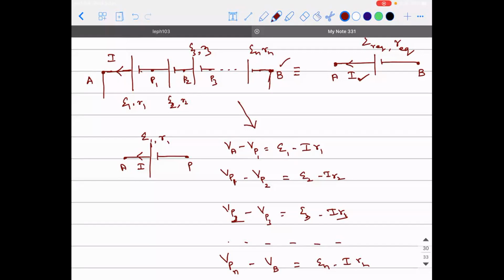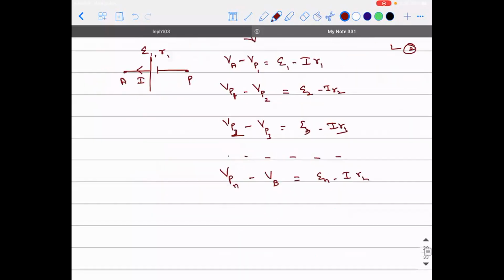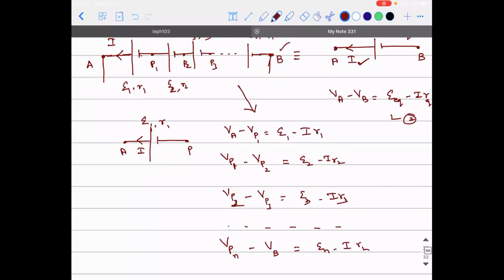Having all these points in mind, what do I call VA minus VB? Is it not E equivalent minus I into R equivalent? Accept it. Let me call this equation 2, because I'm going to write the first equation. So E equivalent minus I into R equivalent is VA minus VB according to the right side circuit.